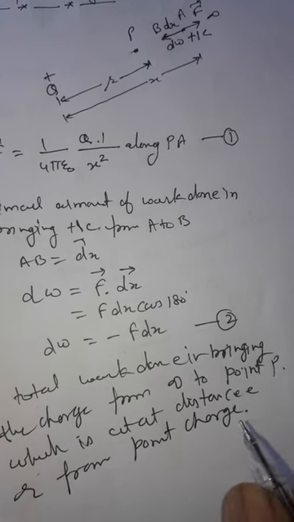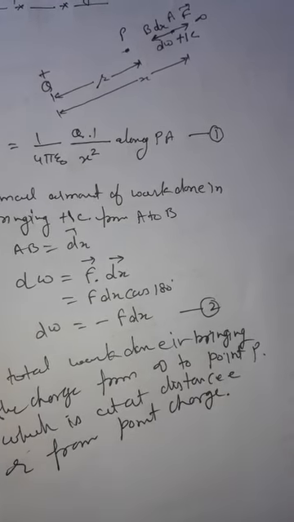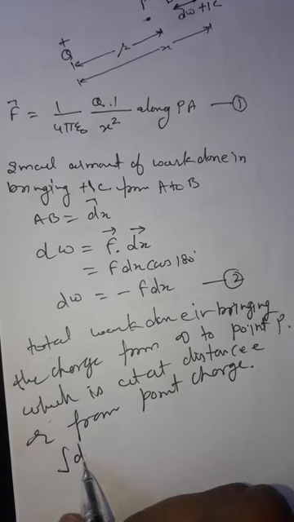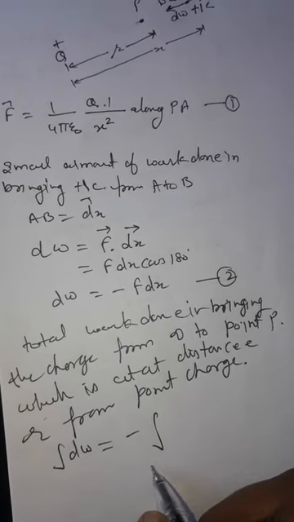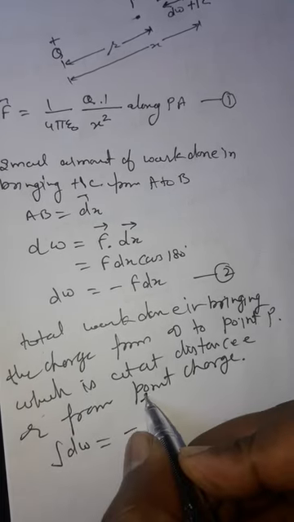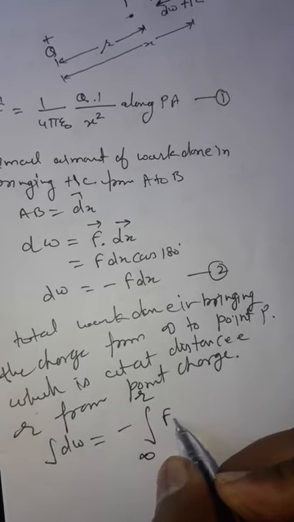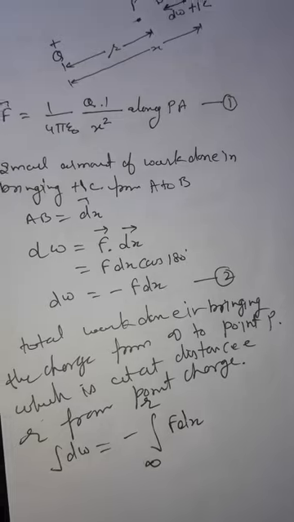We can integrate equation 2, that is integration of dW, which is further equal to minus integration from infinity to r of F dx.